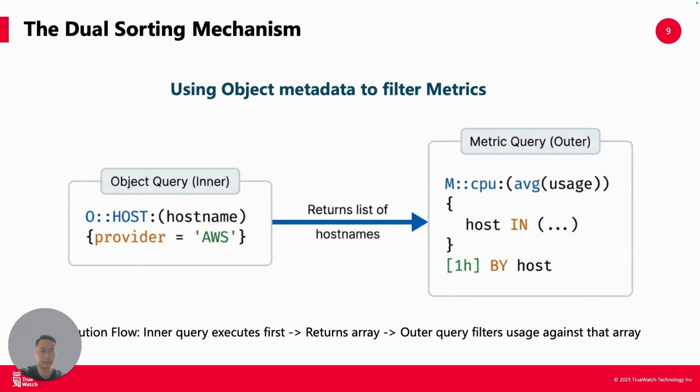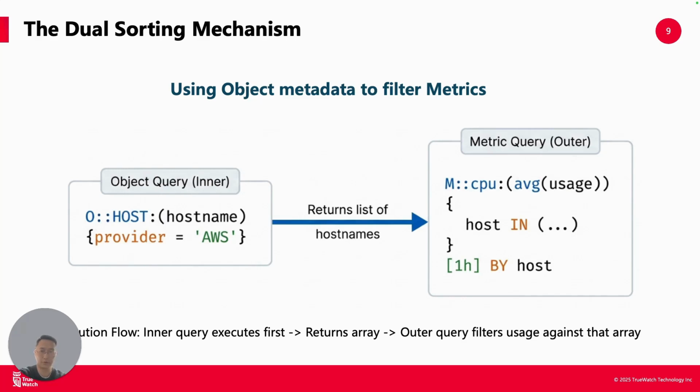Yeah, we can even use subqueries and dynamic filtering in DQL. So we have two parts. In this example, the first is the inner query. It runs on objects like the hosts. For example, we query hosts where provider is AWS and return a list of the host names. The second is the outer query. It runs on metrics like CPU usage.